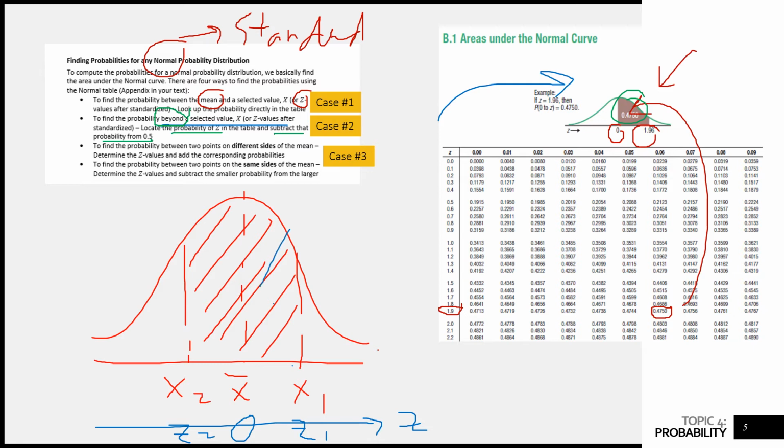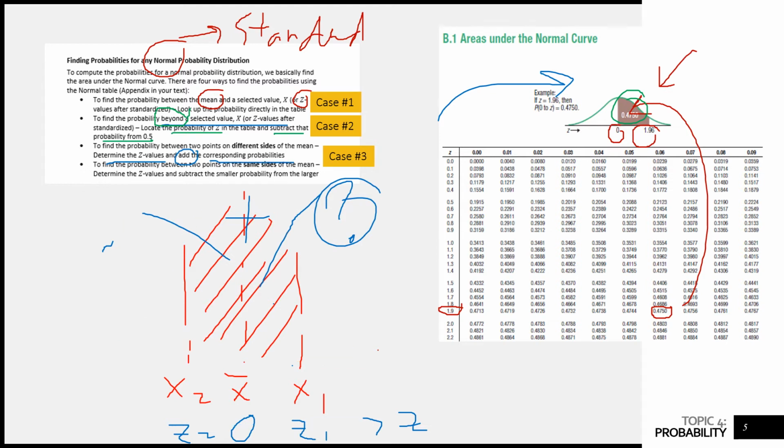You will know this probability. You look at the table for z2, you will know this probability. Now to get the red area combined, you just add this probability with the other probability. So this is what it means: determine the z values and then add the corresponding probabilities. Okay, now let's erase this.